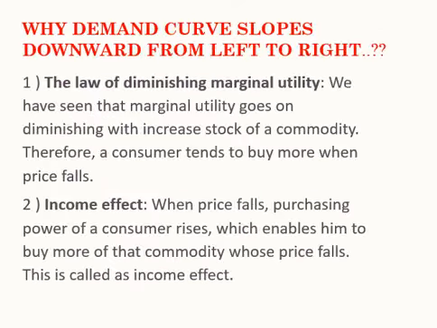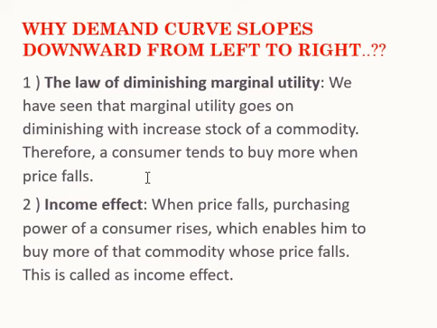Now we are going to understand why the demand curve slopes downwards from left to right. The very first reason is the law of diminishing marginal utility.